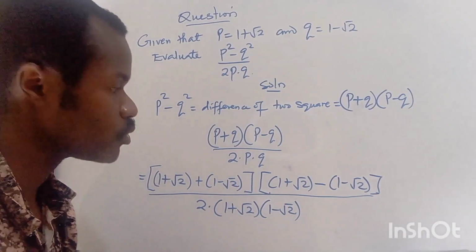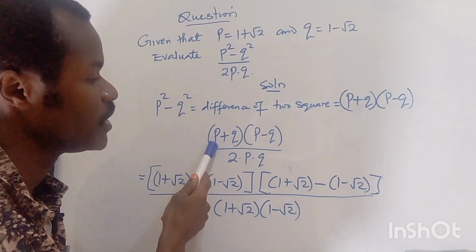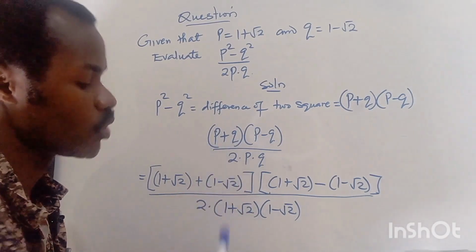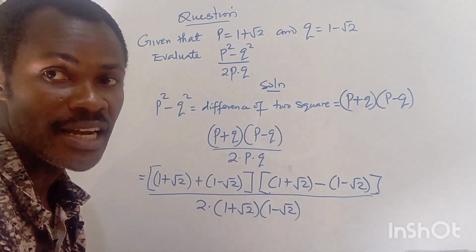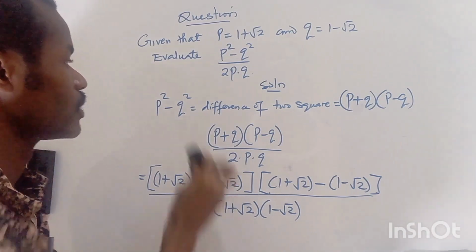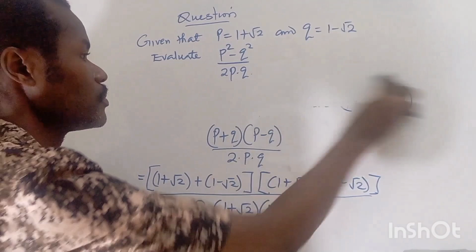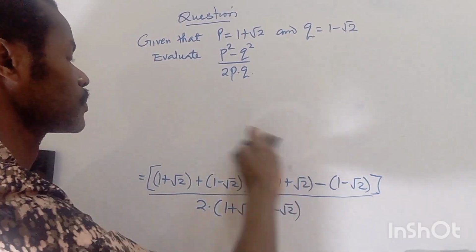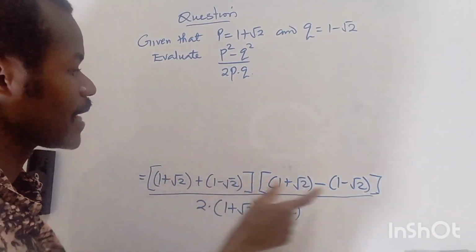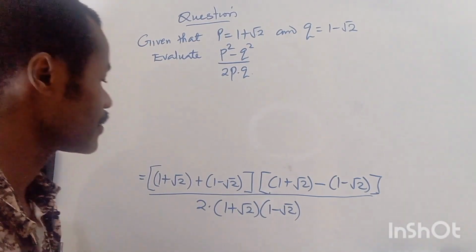So we have been able to substitute the values of p and q into this expression. Now let's simplify further to see what that gives us. Inside these, we are going to open the brackets.